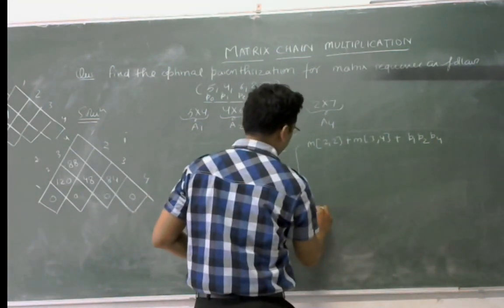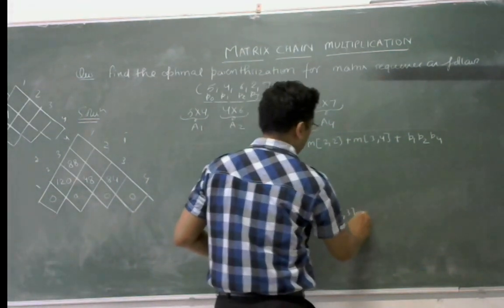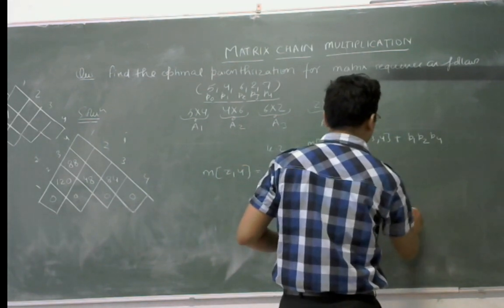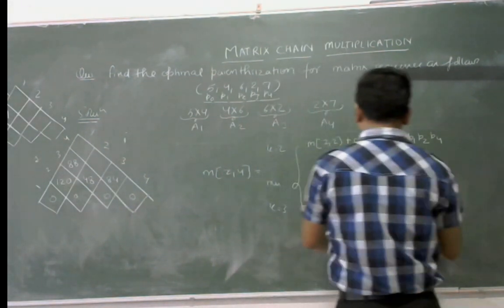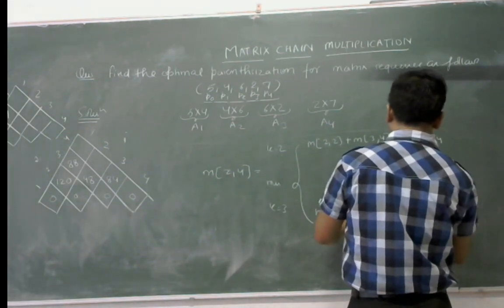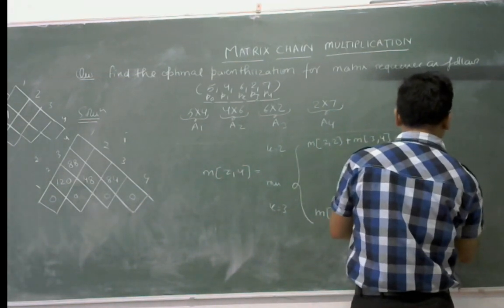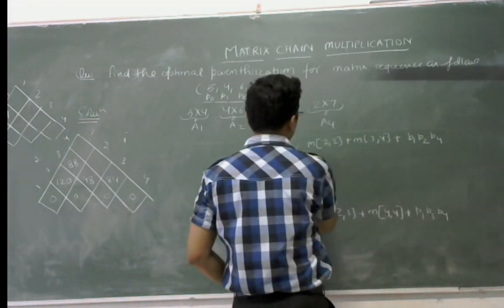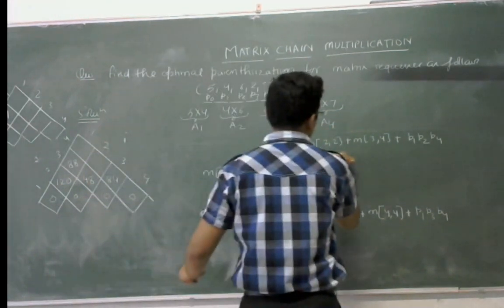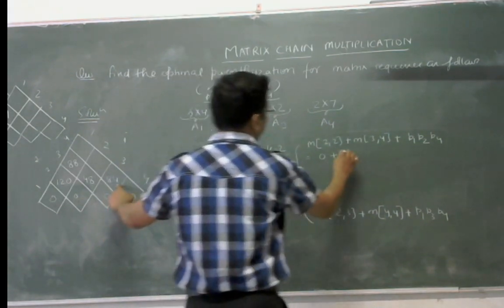Similarly, for k equals to 3: m(2,3) plus m(4,4) plus p(i minus 1), p1, pk, k is equal to 3 and j is equals to 4. So that would be equals to M22, M22 is equals to 0, plus M34, M34 is equals to 84.